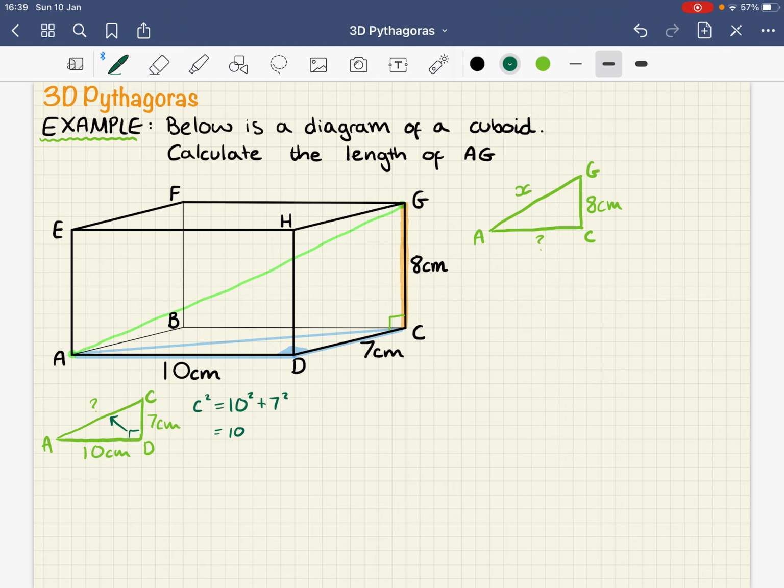That's 100 plus 49, so C squared is going to equal 149. And so C is going to be the square root of 149, which is just going to be this.